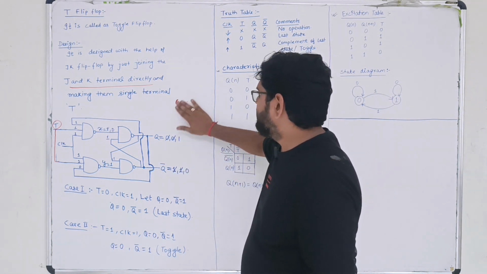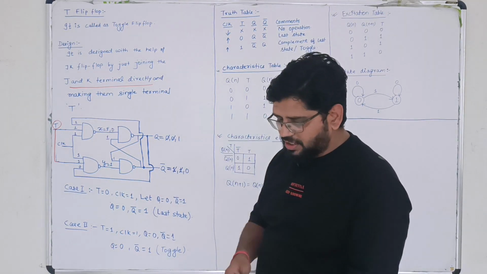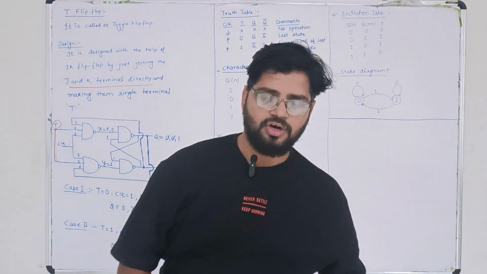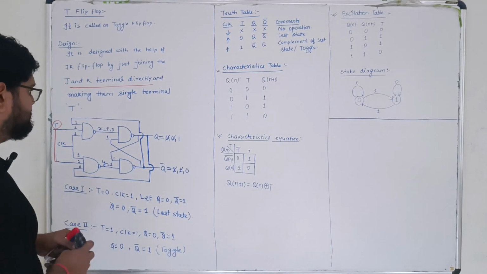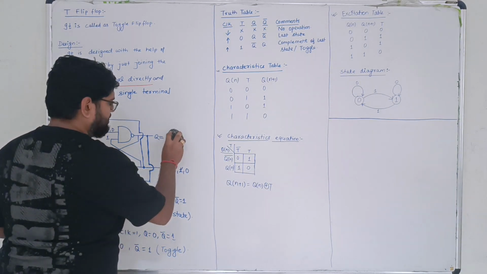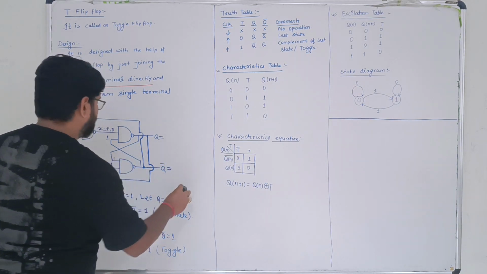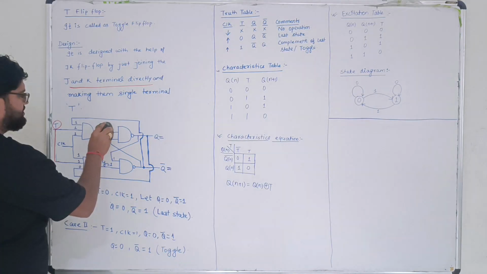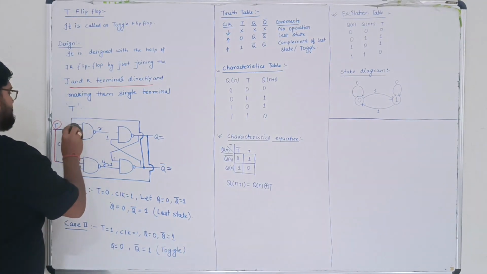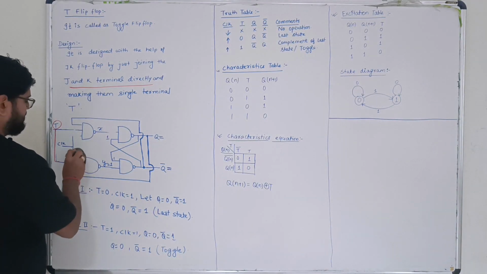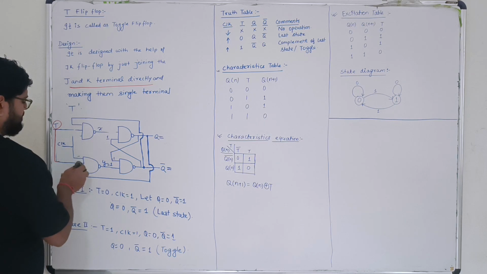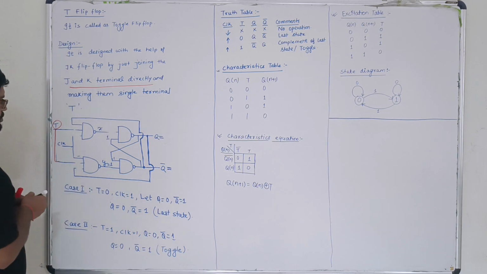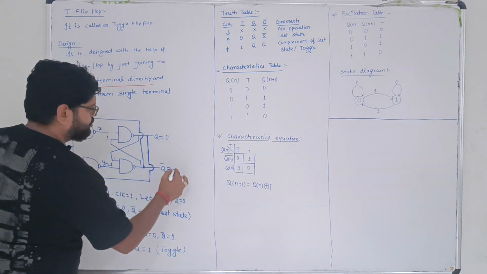Now coming to the T flip-flop explanation. We'll try to understand how exactly the operation occurs. In order to understand that, I'll take a condition, and depending on the condition, we'll learn how exactly things are going on. I will consider the previous input, or the storage input, of Q equals 0 and Q bar equals 1.